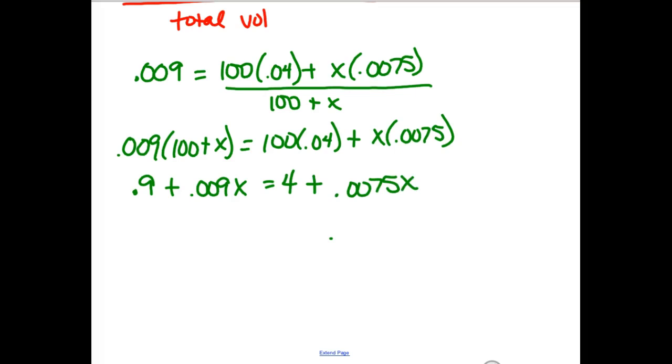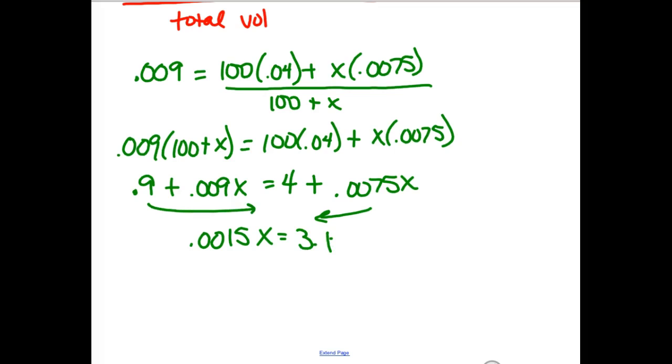All right, now I need to get X's to one side, constants to the other. So if I subtract these X's over here, I end up with 0.0315X, equaling 4 minus 0.9, or 3.1.